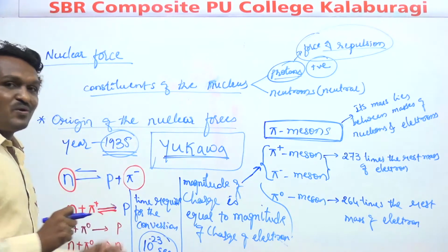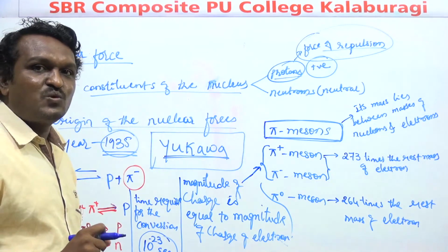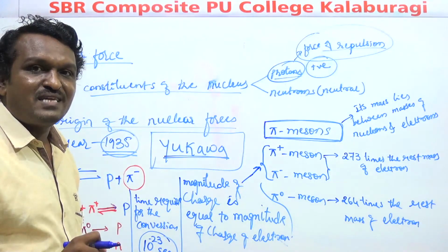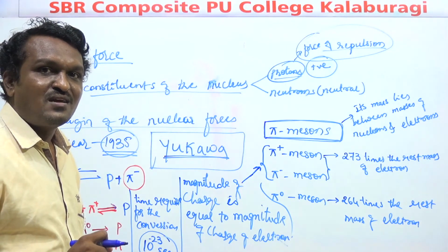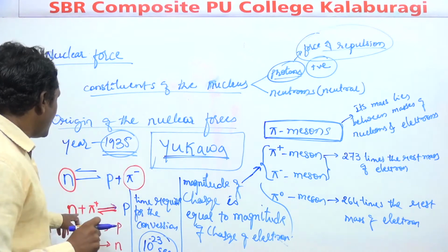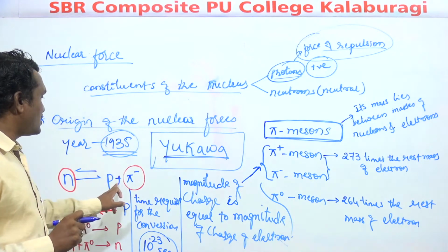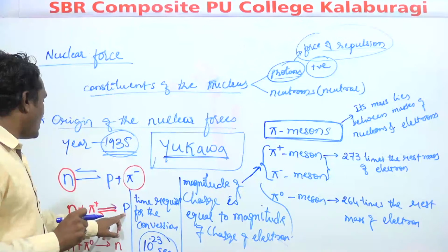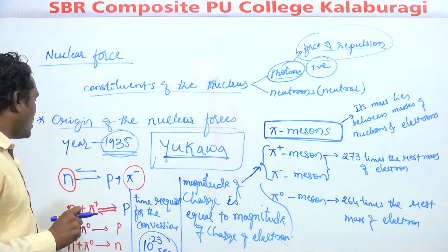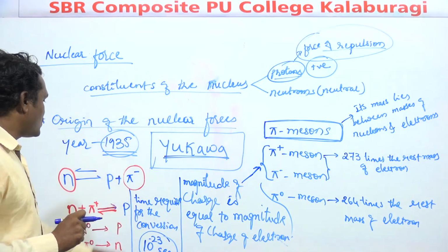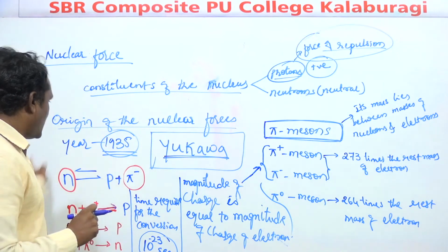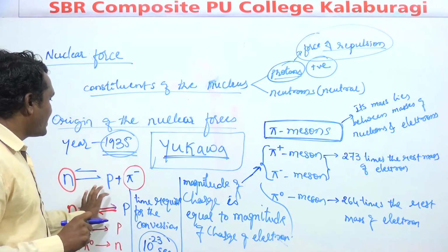So how will a proton convert into a neutron and a neutron convert into a proton? By the exchange of matter known as pi mesons. So a neutron will convert into a proton and a proton will convert into a neutron, as I have shown you by means of a reaction.